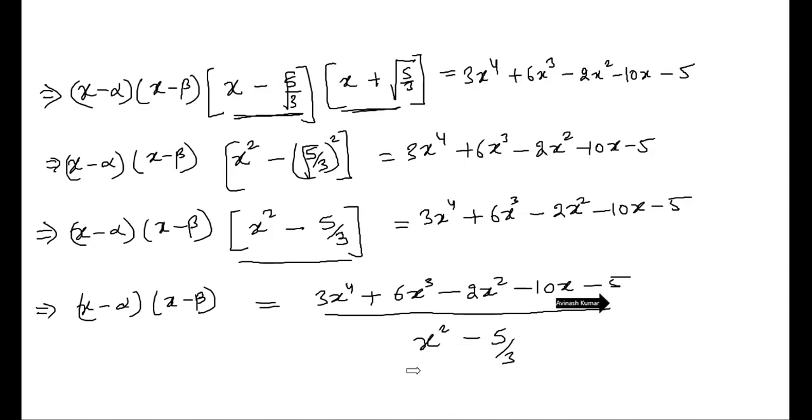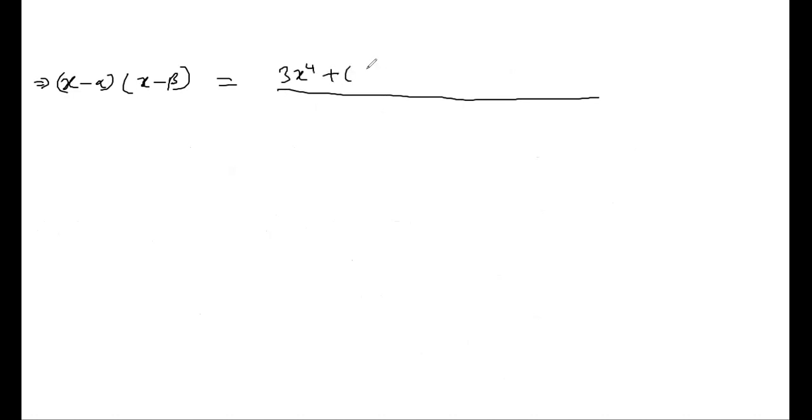होगा? Yes, sir. तो हम इसको next page में लिख सकते हैं x minus alpha times x minus beta, and I will write down again 3x power 4 plus 6x cube minus 2x square minus 10x minus 5 divided by 3x square minus 5 upon 3, right?